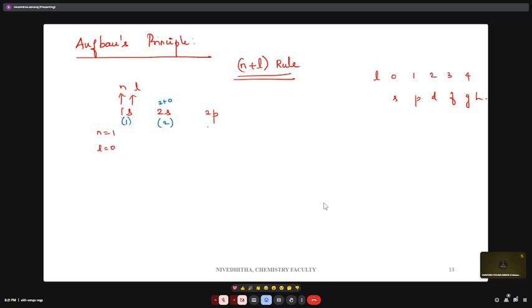For 2p, 3, ma'am. Very good. So could you please tell me, among 1s, 2s and 2p, which has the lowest energy? 1s. Very good, Kana. That's it.